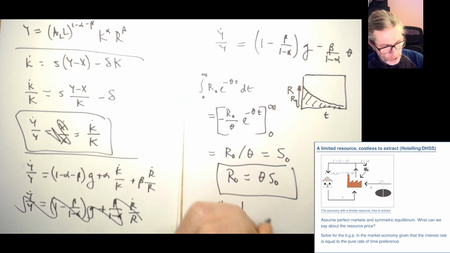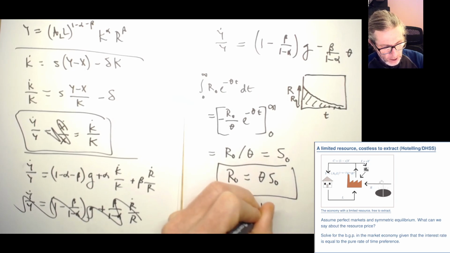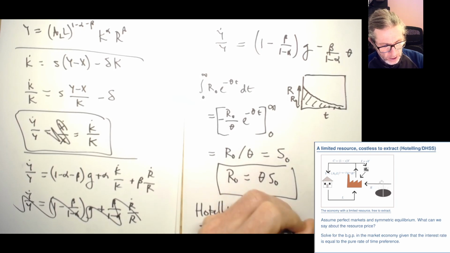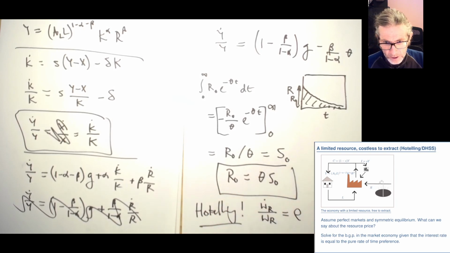Basically, if we call the resource price WR, then Hotelling tells us that WR dot over WR, the growth rate of the resource price, must be equal to rho, which is the market interest rate, or the pure rate of time preference. Simplest way to think of it is the resource stock is an asset.